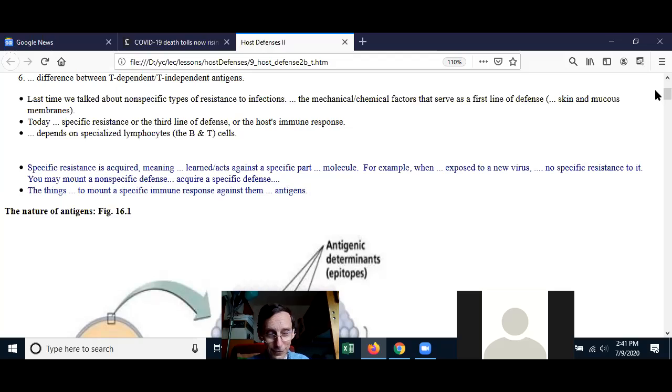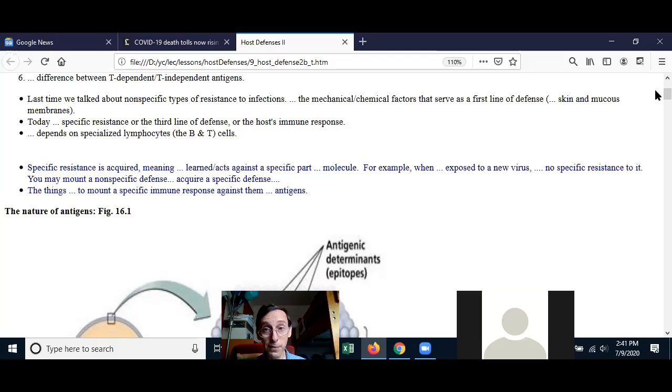Generally the host doesn't see molecules inside the pathogen, like inside the cytoplasm, or if it's a eukaryotic pathogen, the molecules inside the nucleus, but it does see the molecules on the surface of the pathogen. And those are the molecules the host will respond to.